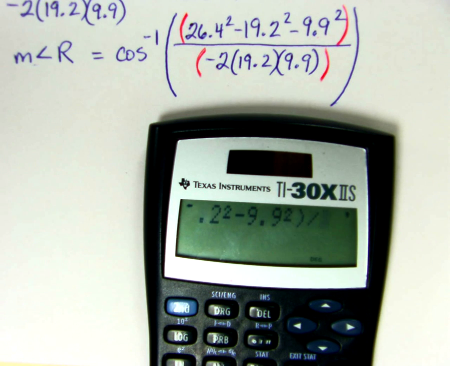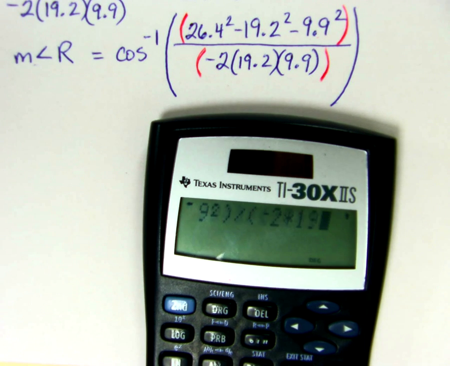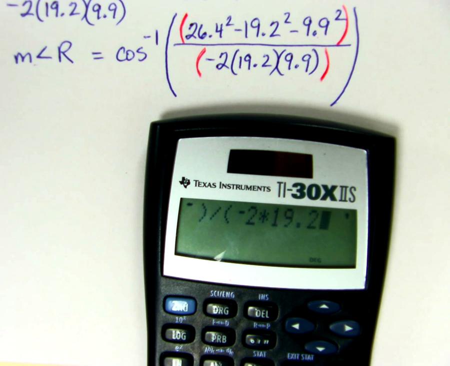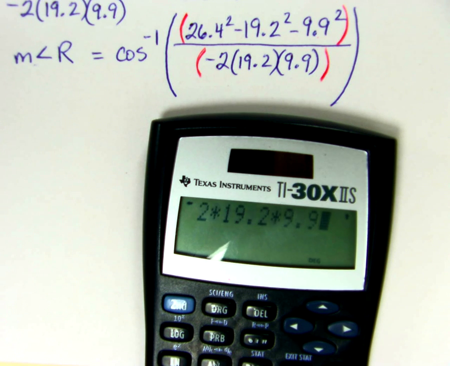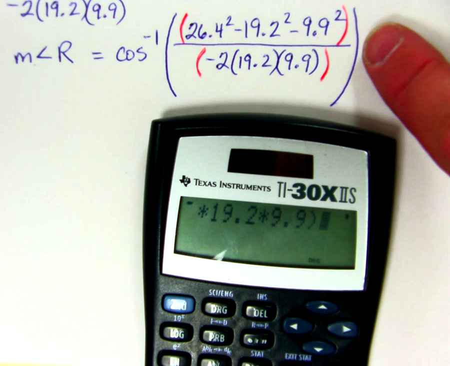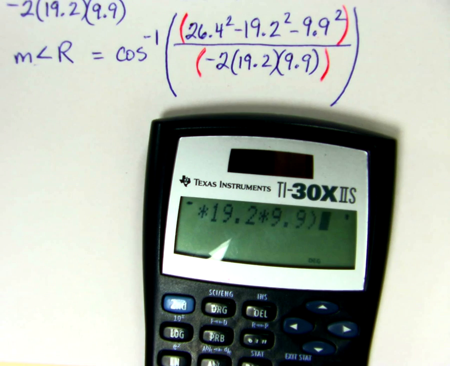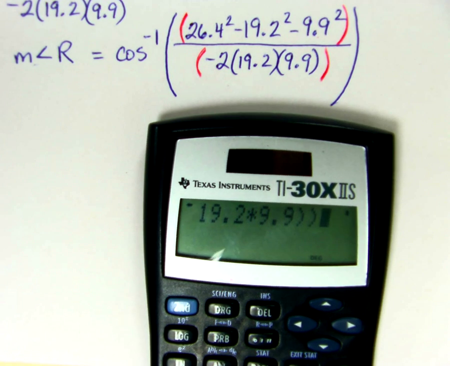Divided by, now I'm going to have negative 2, don't forget the parentheses, negative 2 times 19 and 2 tenths times 9 and 9 tenths, close off the denominator, and now close off the entire group, the big parentheses that we saw earlier. So now when I hit equals, I should get the measure of angle R.